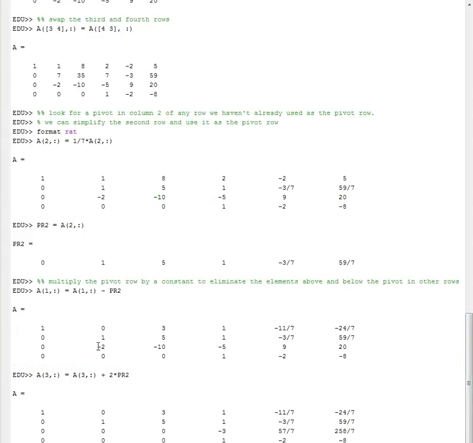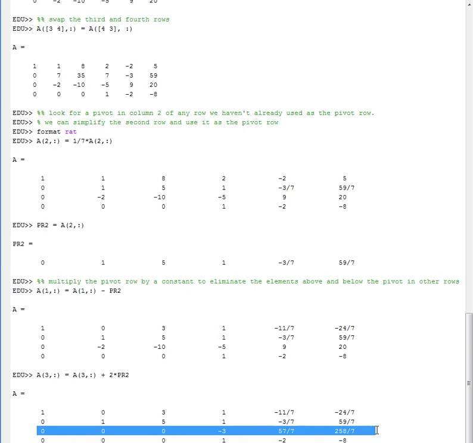Okay, now we can move on to the row below our second pivot. And the command here, we're going to take row 3, and we're going to replace it by row 3 plus 2 times our pivot row.